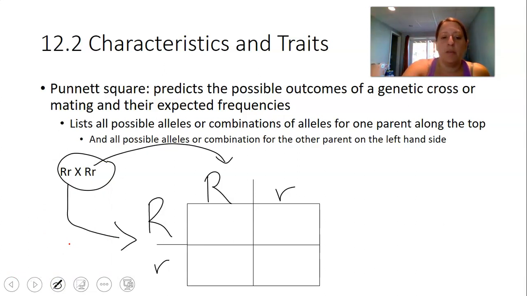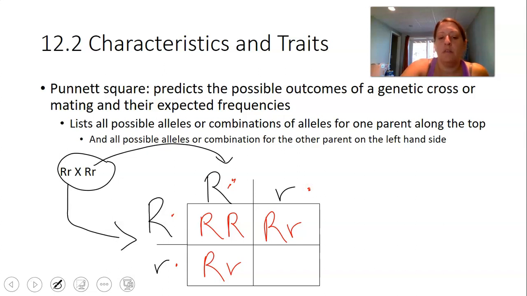So if this gamete here and this gamete here come together, that's what's going to be in this box. Big R, big R. If this gamete and this gamete come together here, that's going to give us big R, little r, a heterozygote. If this gamete and this gamete come together, I'm going to write that here in this box. Again, another heterozygote.